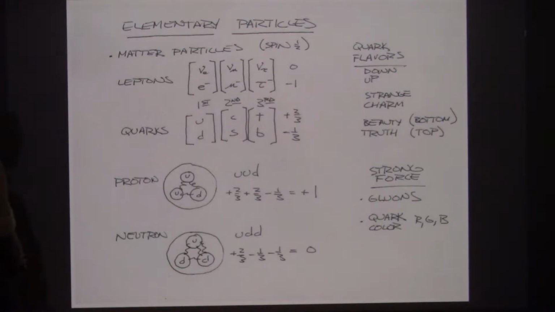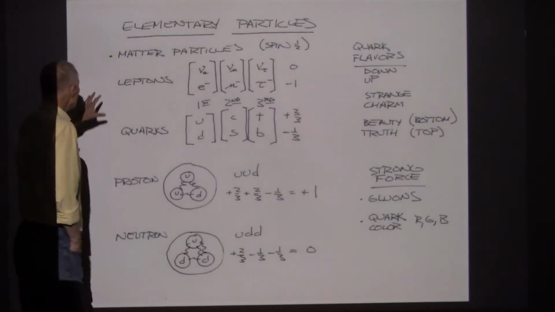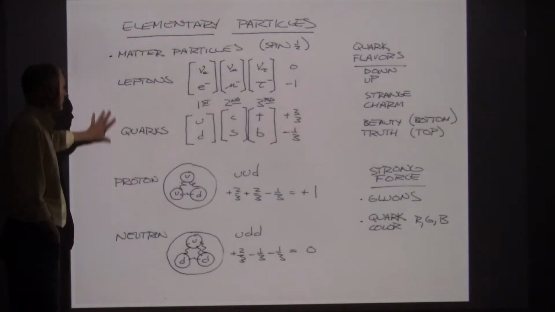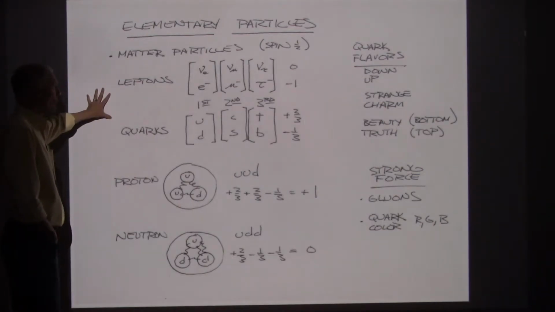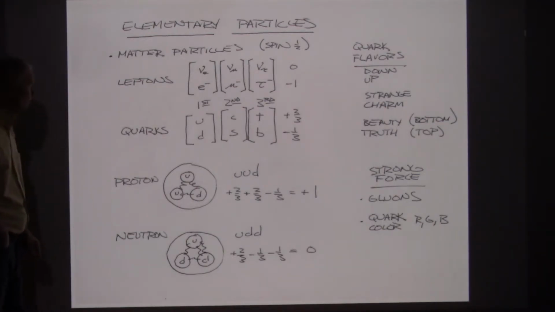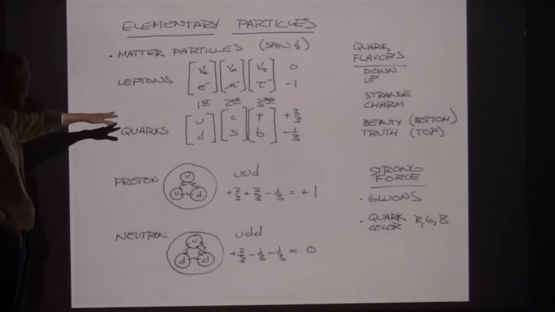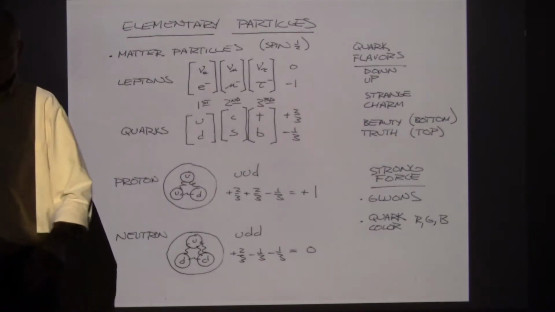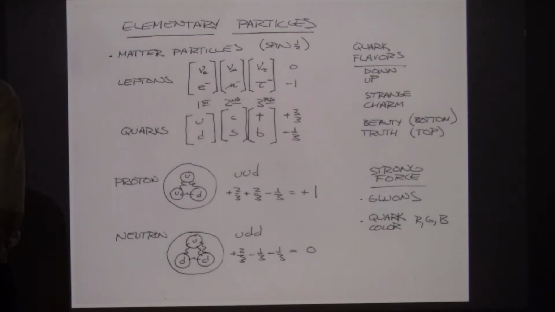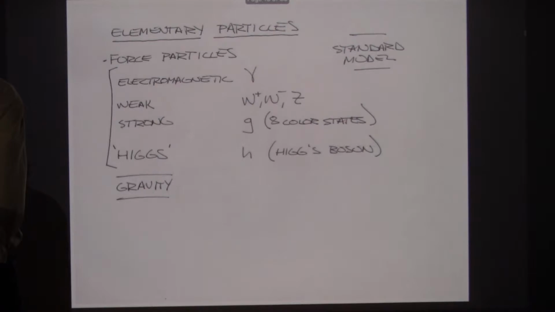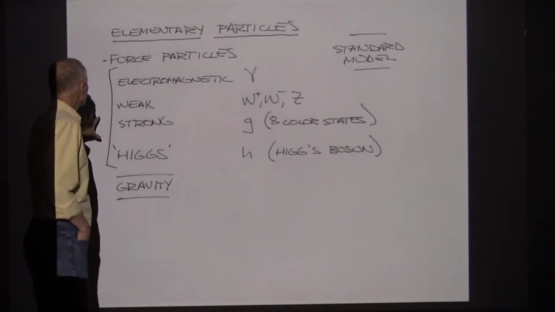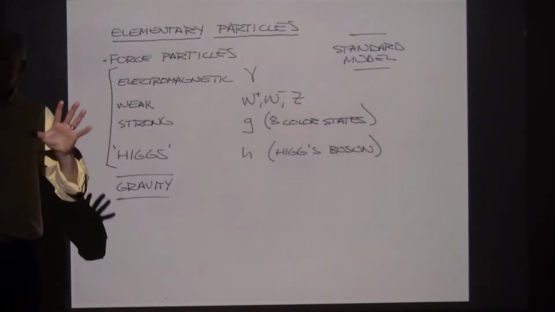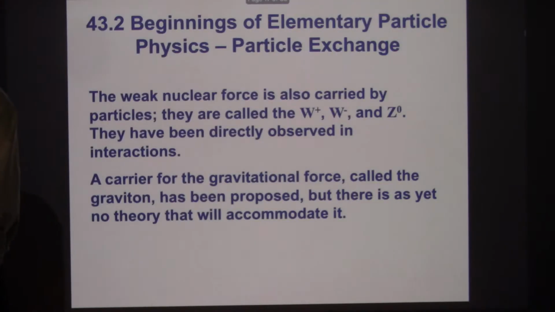So what I would say is, if you can look at this pattern of particles that we have in terms of the leptons and the quarks, and have an understanding of what other kinds of particles can be created from the quarks, and then take a look at the forces that we have listed here, just having that much background, I think, will enable you to get through the homework problems.